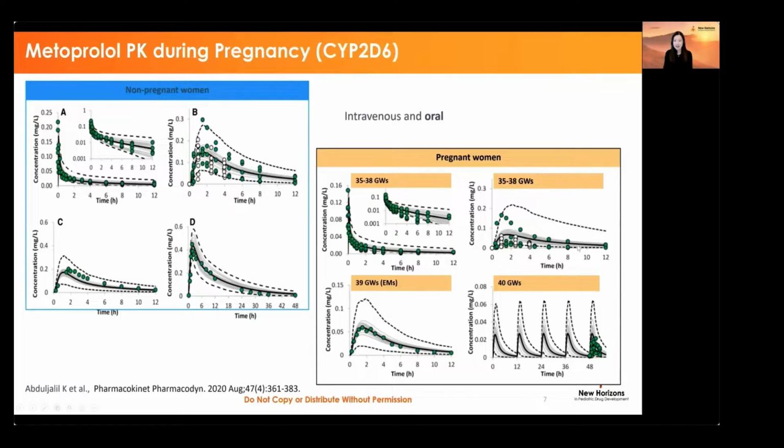And on the right is the comparison of the simulated and observed data, mostly in the third trimester. You can see that there's a good agreement between the simulated and observed PK data in the pregnant population. So in the case of metoprolol, because CYP2D6 is induced up to threefold during pregnancy, a reduced drug exposure is expected in pregnant women.